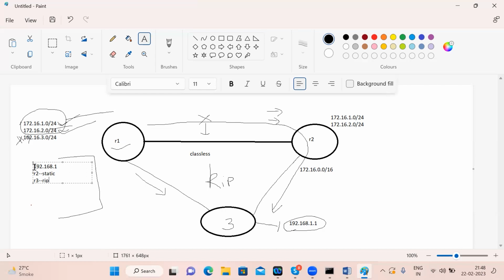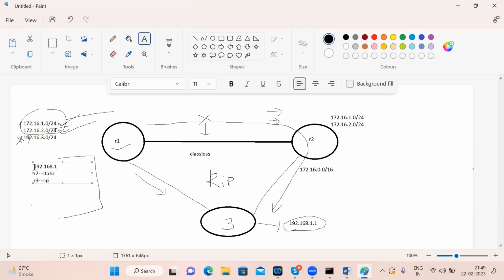So I have to decide which protocol I will trust. I will give a preference according to the administrative distance. Whoever advertises the lower administrative distance, to them I will give a preference. Clear? Or should I define more?